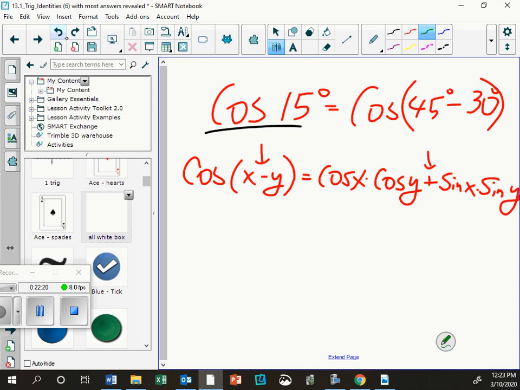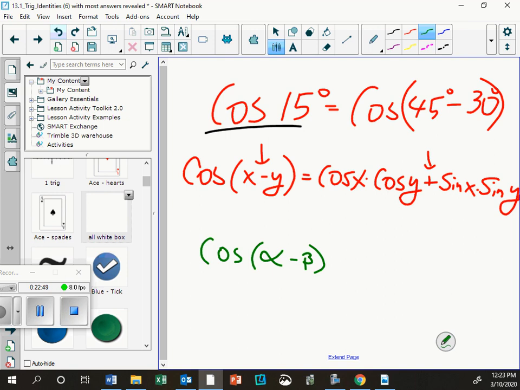Now, let's say a problem asked you to figure out what's the cosine of alpha minus beta. You might be like, well, couldn't you just change x to alpha and y to beta? Yup, you could. But then they'll tell you what alpha is and what beta is, and they're not just going to say like, oh, alpha's 15 degrees.